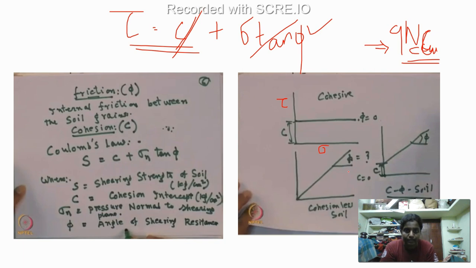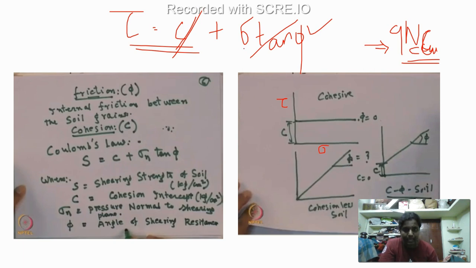These two factors contribute to the shear strength. C and phi are the very important terms, the main line of soil mechanics.